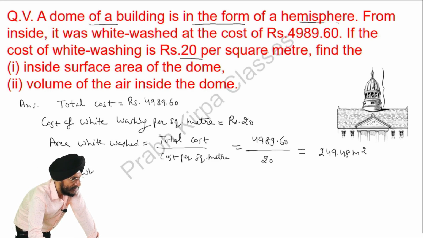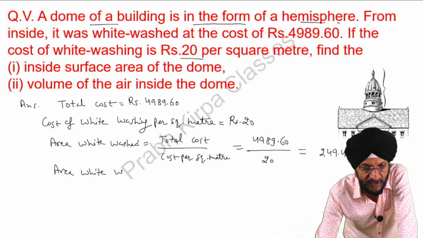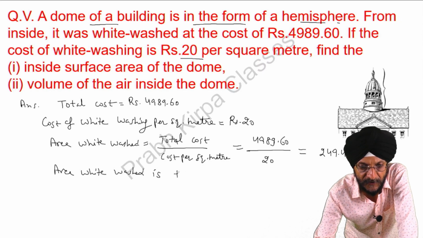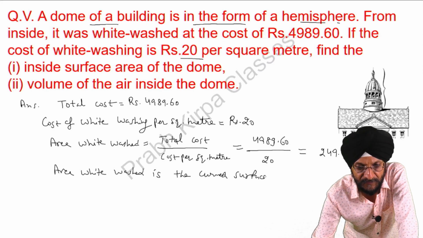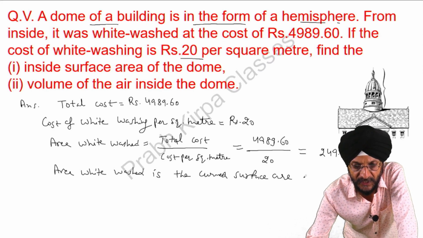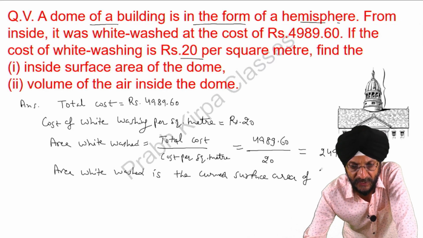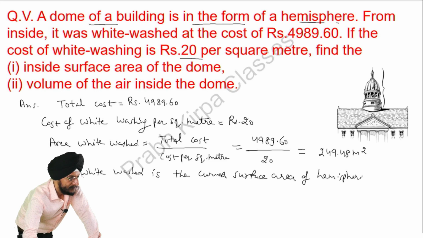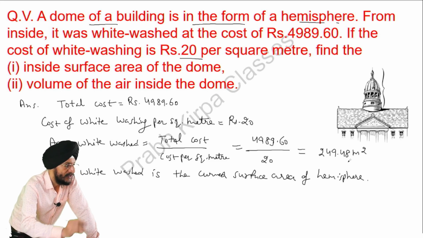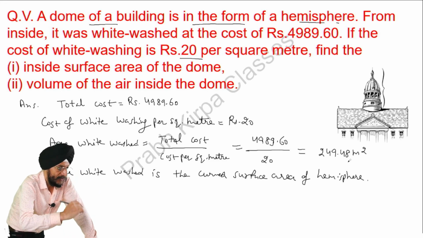Area whitewashed is the curved surface area of hemisphere, because this dome is in the form of a hemisphere.